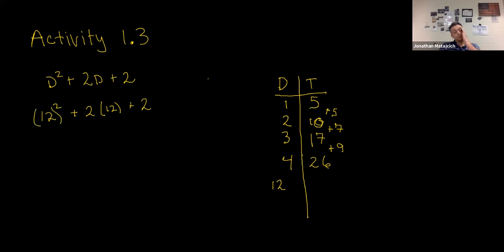So 12 squared is 144 plus, so 2 times 12 is 24 plus 2. Okay, 144 and 24, that makes 168. 168 plus 2 is 170, so that's it. That would have been like your solution to this problem.